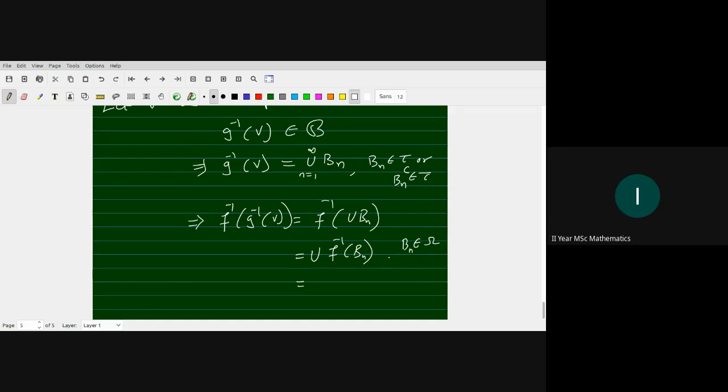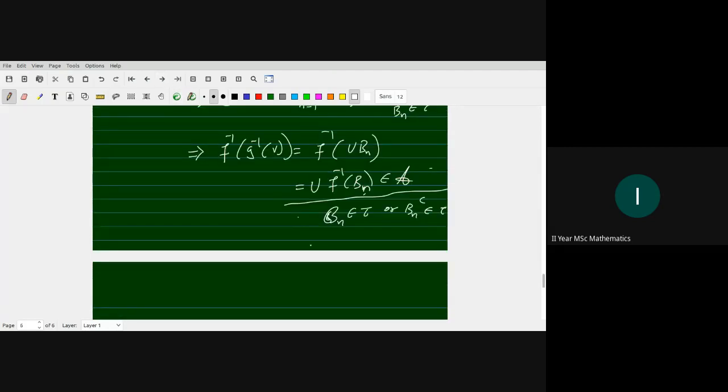So here Bn belongs to omega, so f inverse of Bn belongs to A, and the union of f inverse of Bn belongs to A. This is because Bn is a member of tau or Bn complement belongs to tau, and tau is a subclass of the sigma algebra omega.